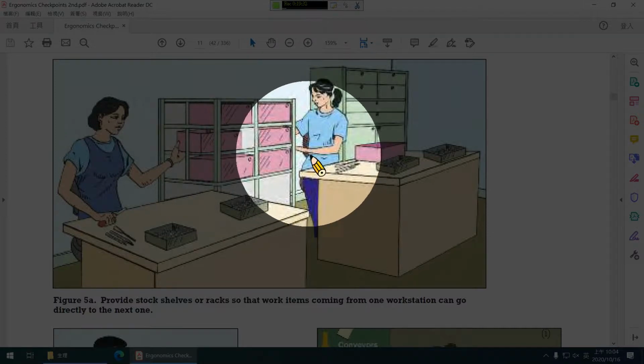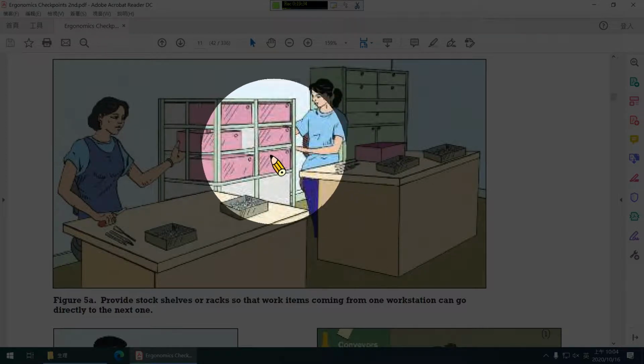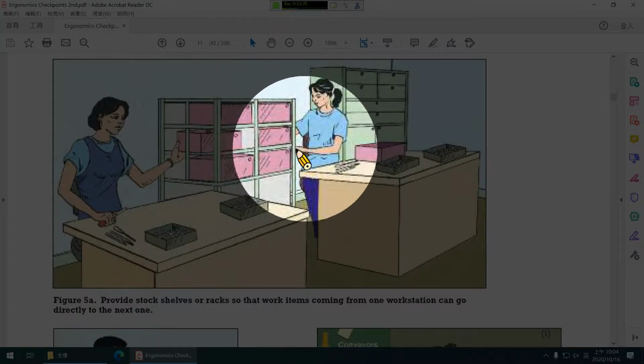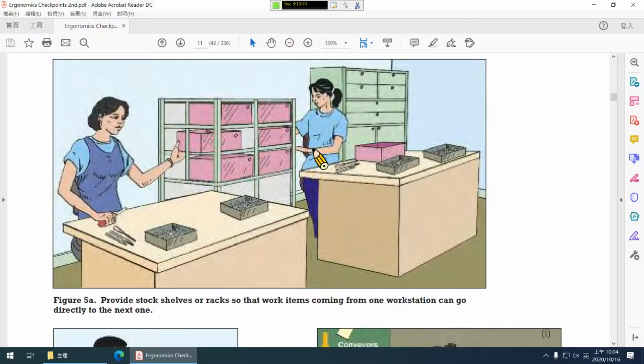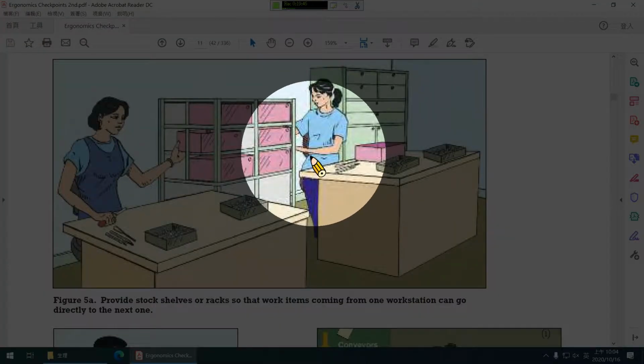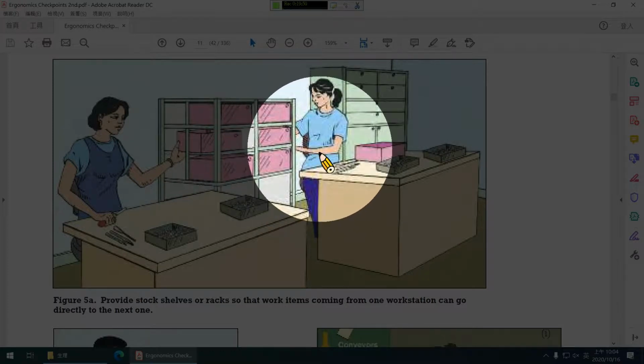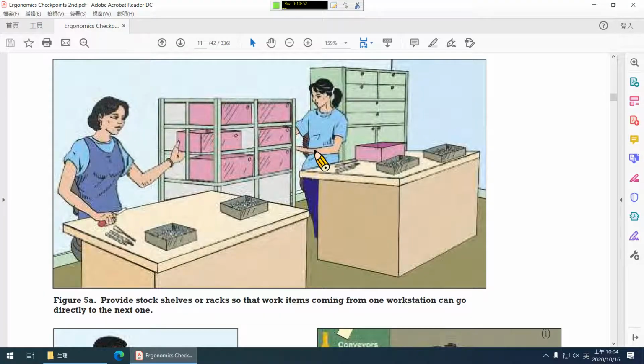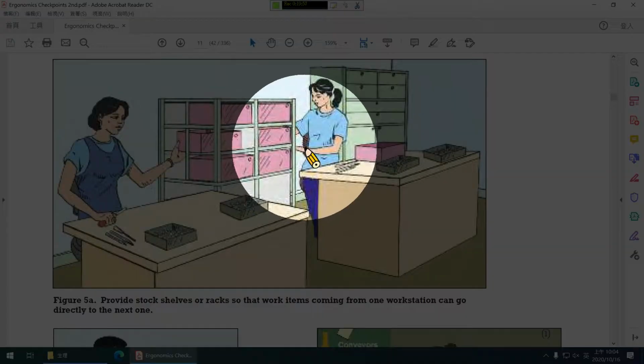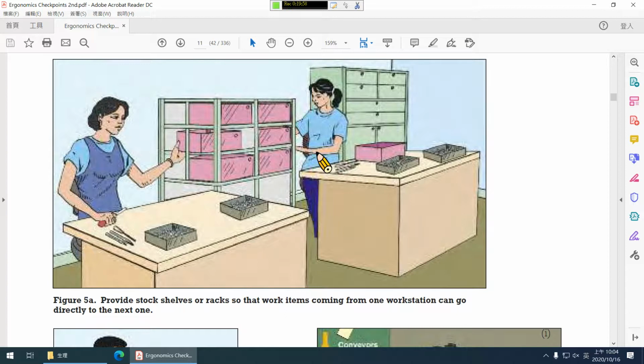Okay, this lady, right, in order to get some of the materials, some of the parts, she has to turn. Okay, and if the chair is not turnable, then she has to turn the trunk, turn the waist by herself using her trunk. Okay, if the chair is turnable, then it's probably okay. But if not, and think about this, how many times per day she has to turn?